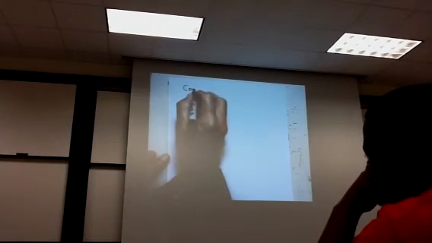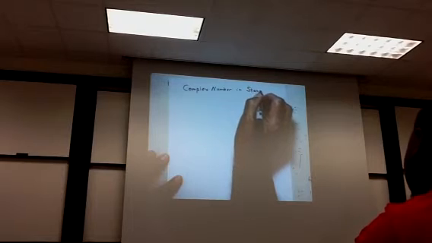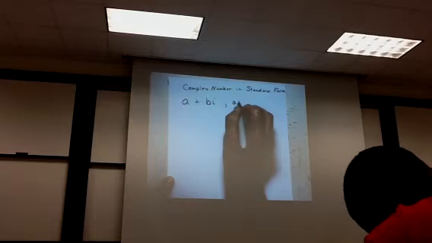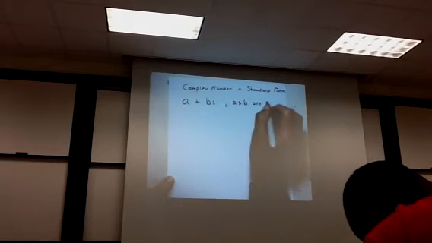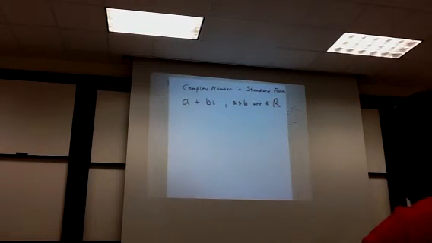First thing we want to do is look at a complex number in standard form. A complex number in standard form is basically going to look like this: a plus b times i, where a and b are elements of the set of real numbers.